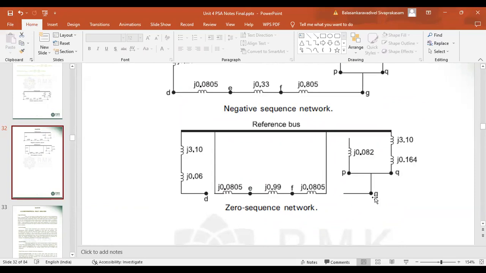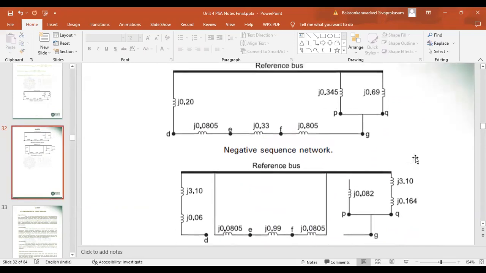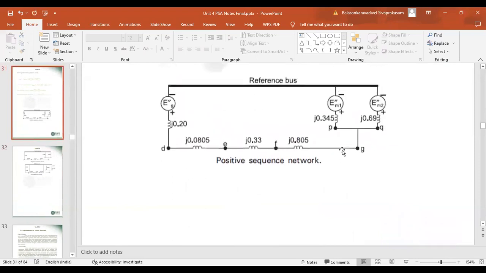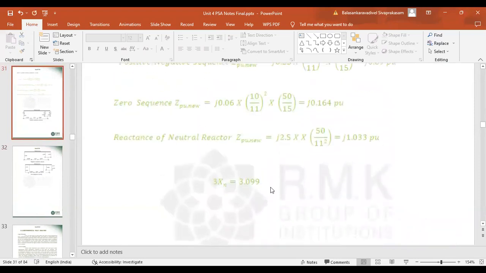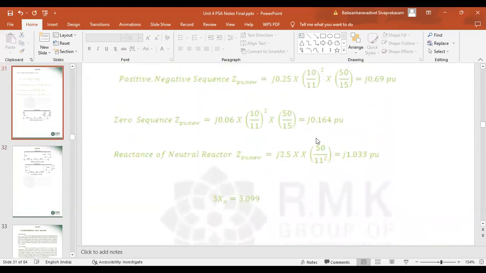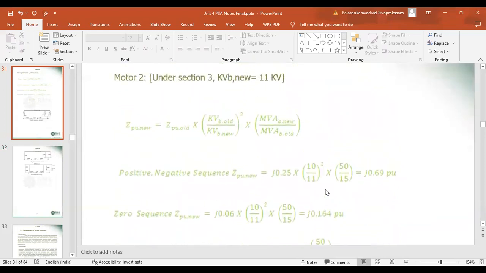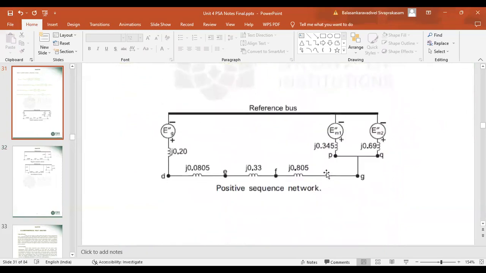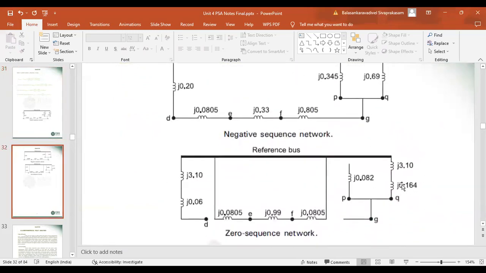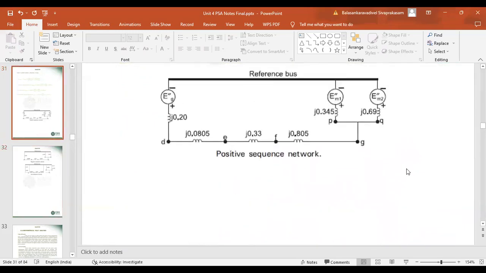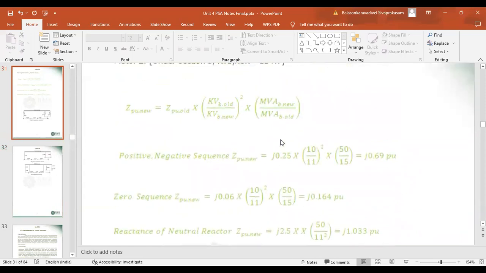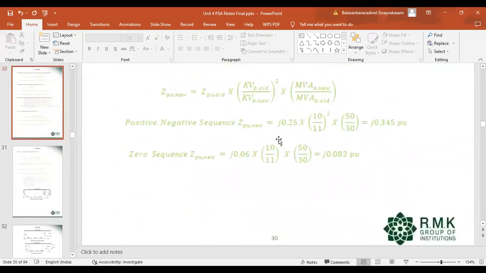So for the entire connection, it is open circuited. J 3.1, J 1.164. The 0.164 is nothing but the zero sequence reactance of motor 2. And what is the second value? This is motor 1, 3.10.